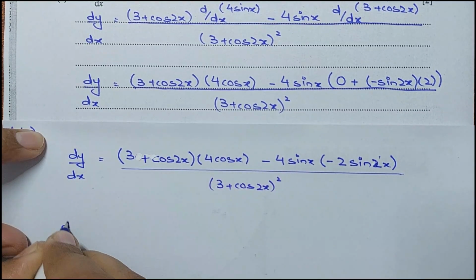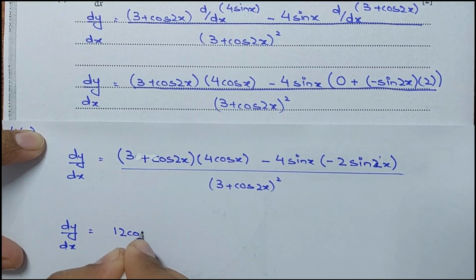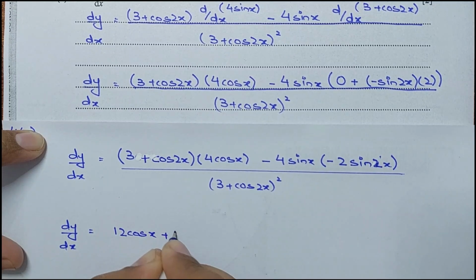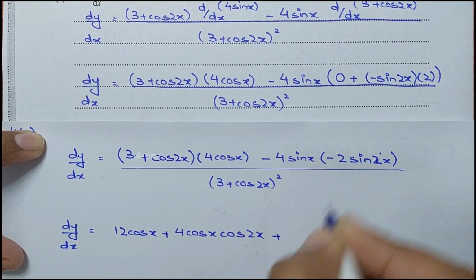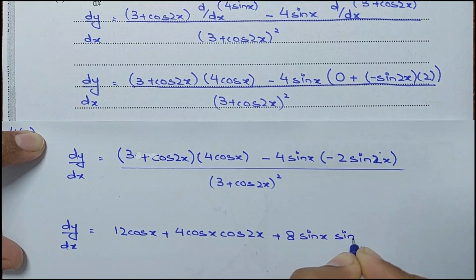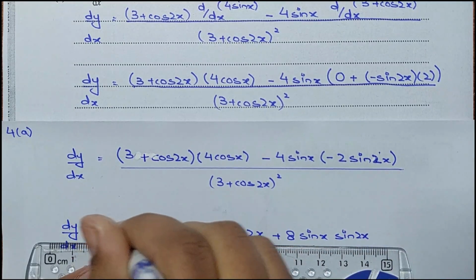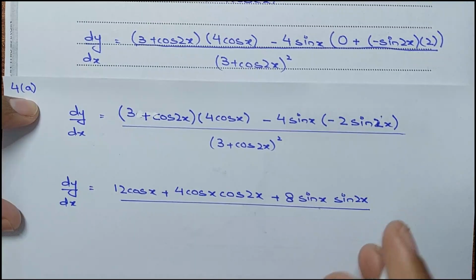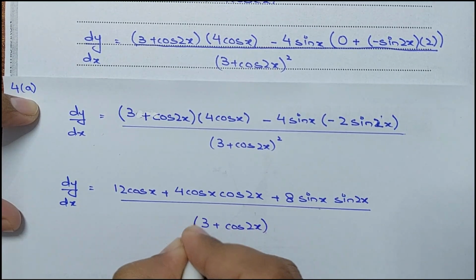Let me do one more step. Dy over dx becomes 3 times 4 is 12 cos x, and 4 cos x cos 2x, plus 4 times 2 is 8 sin x and sin 2x, and this whole thing divides with 3 plus cos 2x whole square.